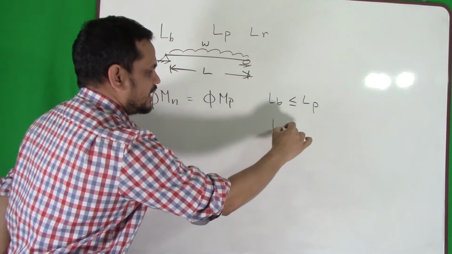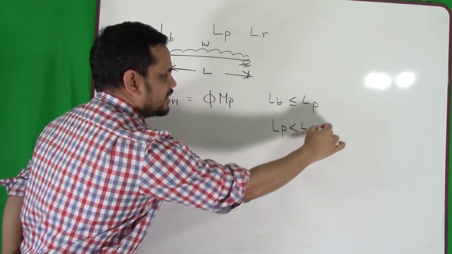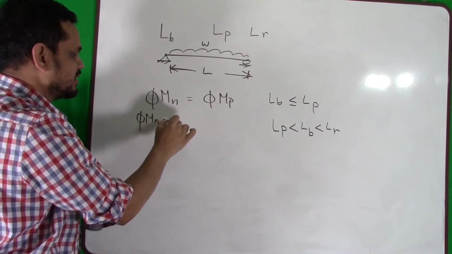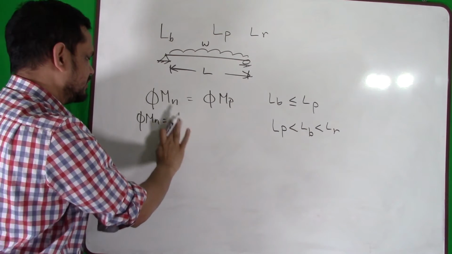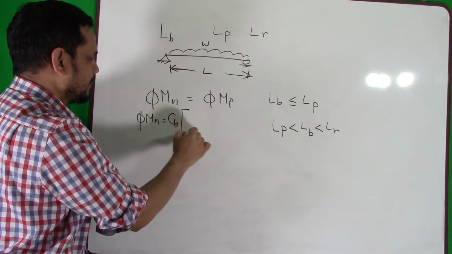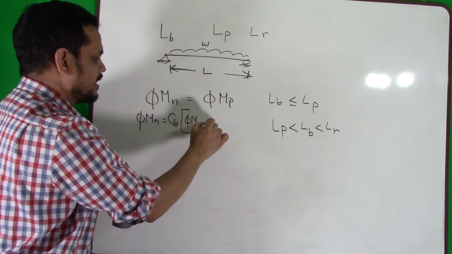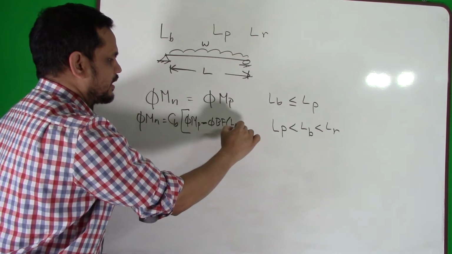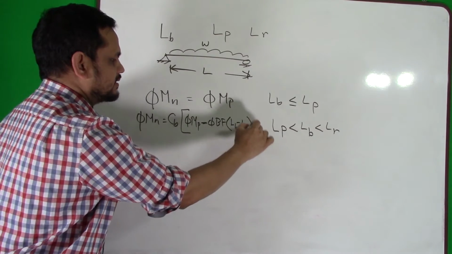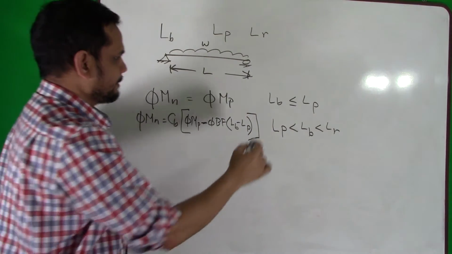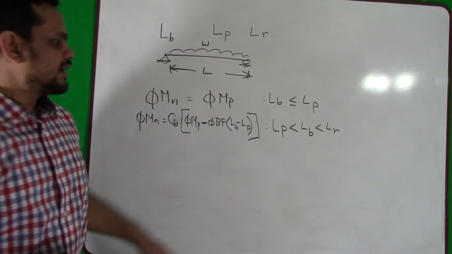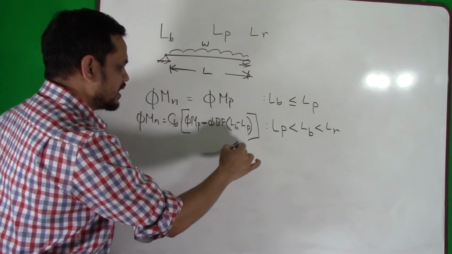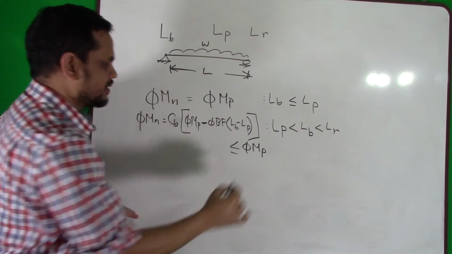Now, if my LB is greater than LP and smaller than LR, then my capacity is phi Mn equals Cb times Mp minus BF times LB minus LP. Again, if my LB is in between these two values, my capacity is this. Now this portion must be smaller than Mp.